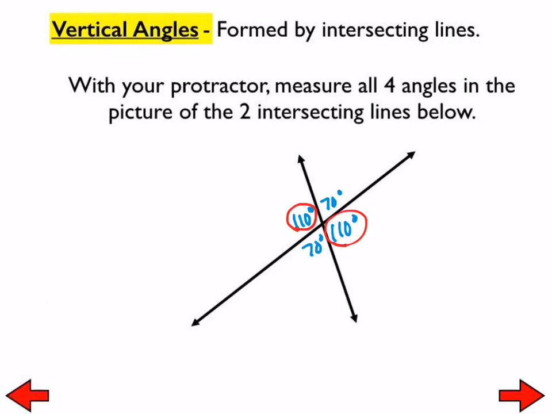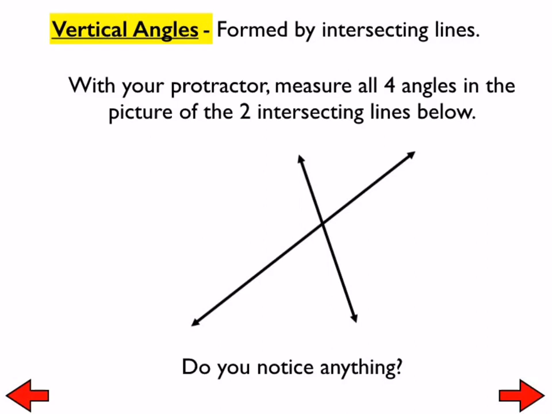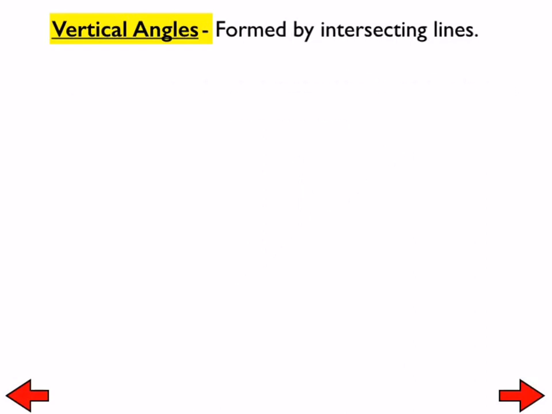And we call that congruent. Those two angles are congruent to each other, and that will always be the case. And going the other direction, this angle right here, the 70-degree angle, and this one are also the same, and they happen to be vertical angles. And so that tells us that vertical angles are always going to be congruent to each other.